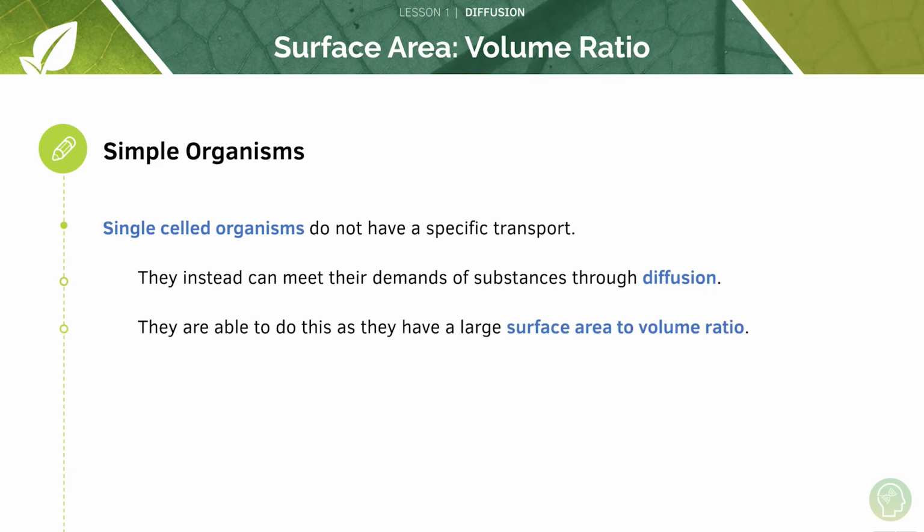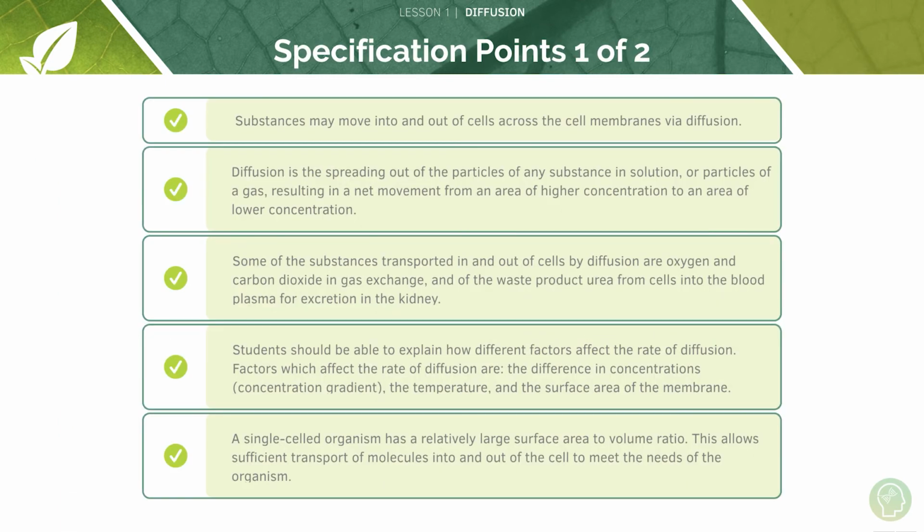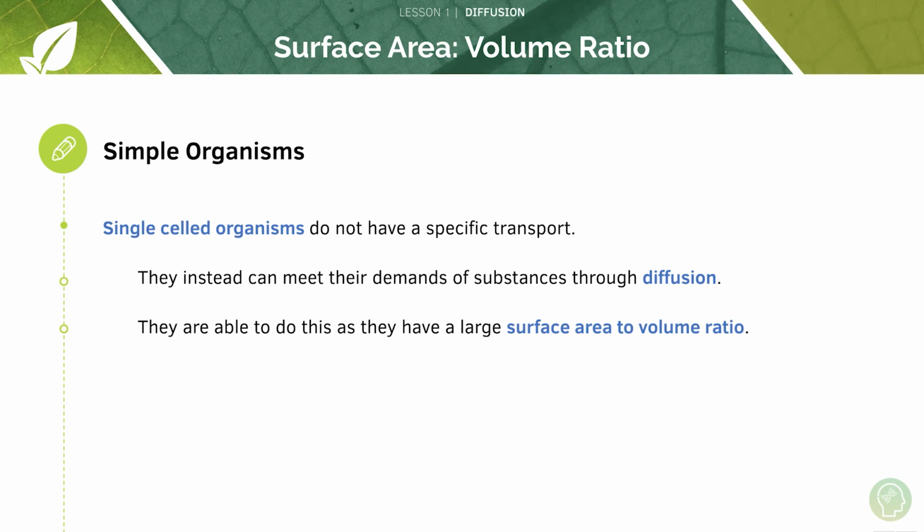These single-celled organisms are able to do this as they have a very large surface area to volume ratio, because they're small. Now I know that doesn't make sense because if you think back to the last slide, we had a small circle and I said that has a smaller surface area, and then we had a large circle and I said that has a larger surface area, and now I'm saying that this smaller circle has a larger surface area to volume ratio.